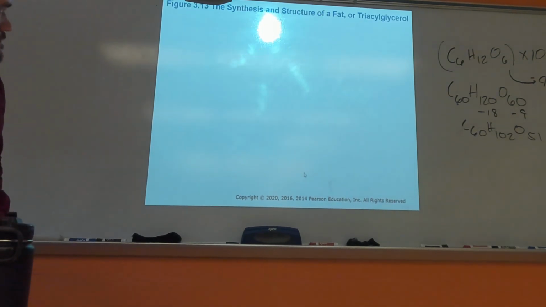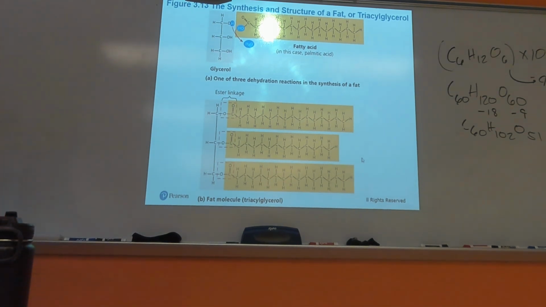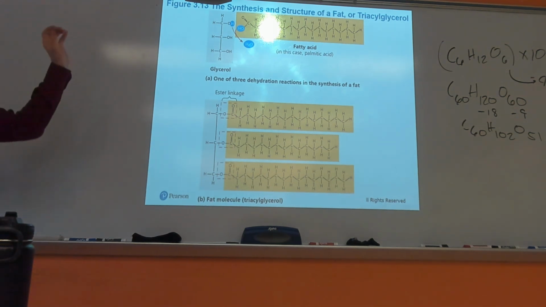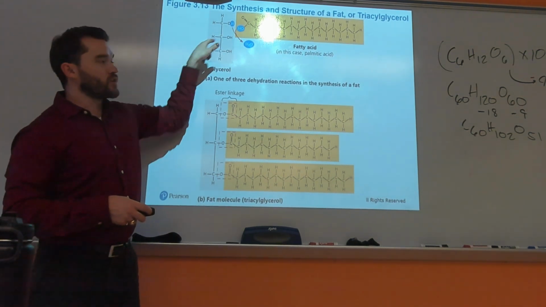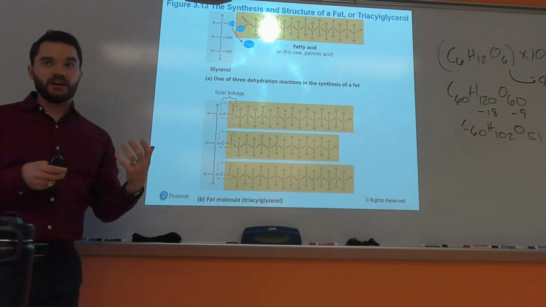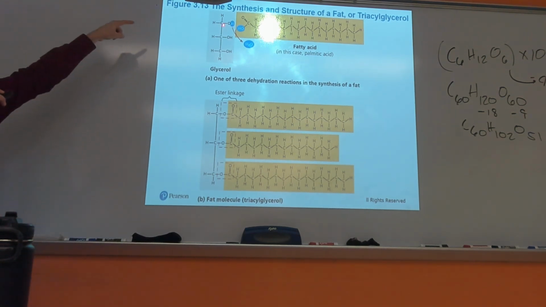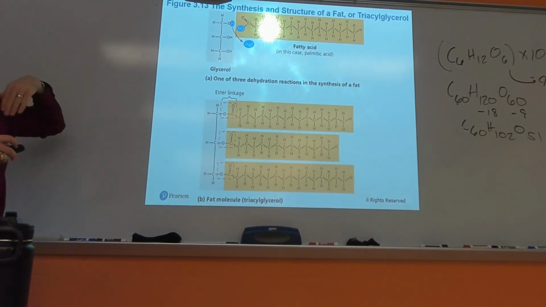All right, so here's your basic picture of how you take the monomers and make the polymer for lipids. It's kind of goofy because there are two monomers coming together when we're making the lipid. You have a glycerol backbone, and then you have a dehydration synthesis. Remember dehydration synthesis?